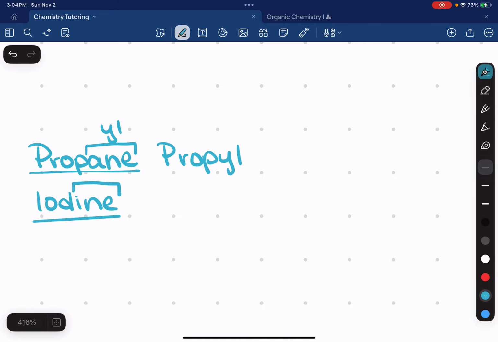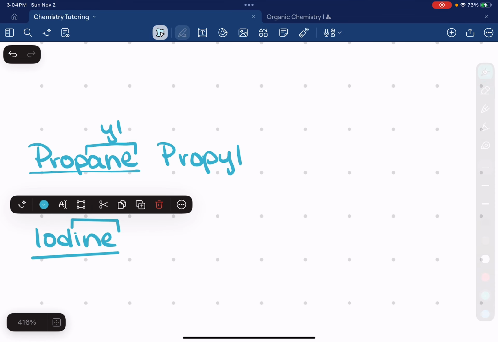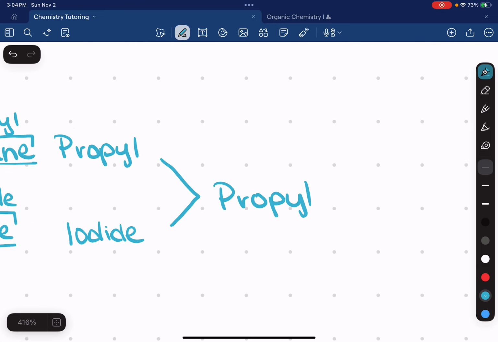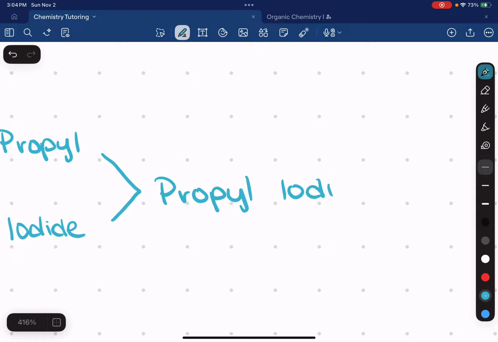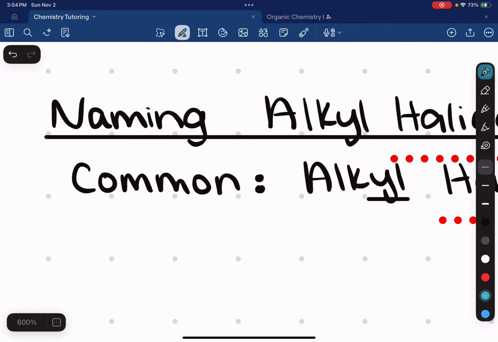This part we turn to "-ide." So you've got iodide. So the full thing is just going to be propyl iodide. Hopefully that makes sense.